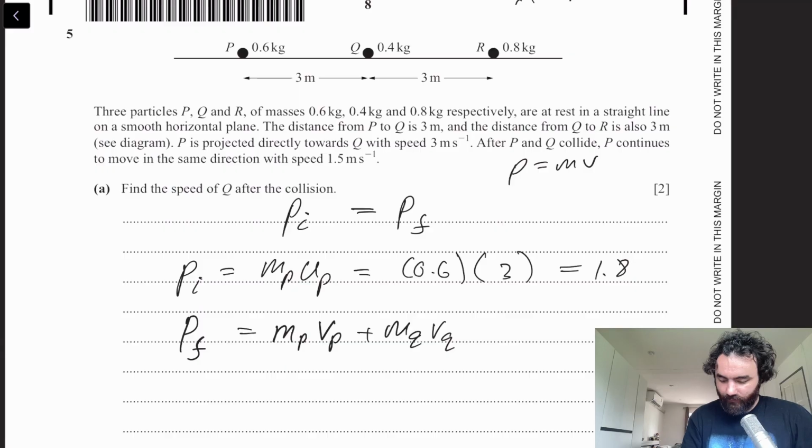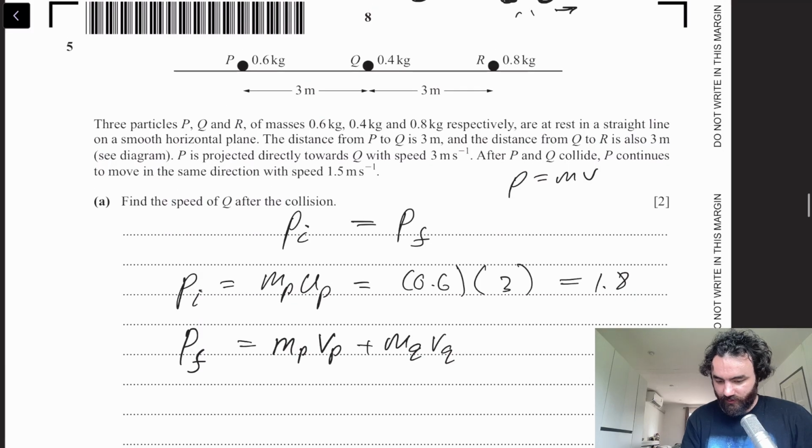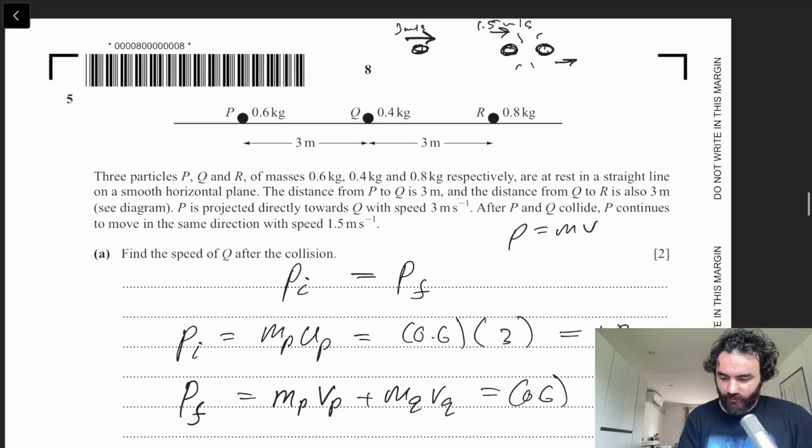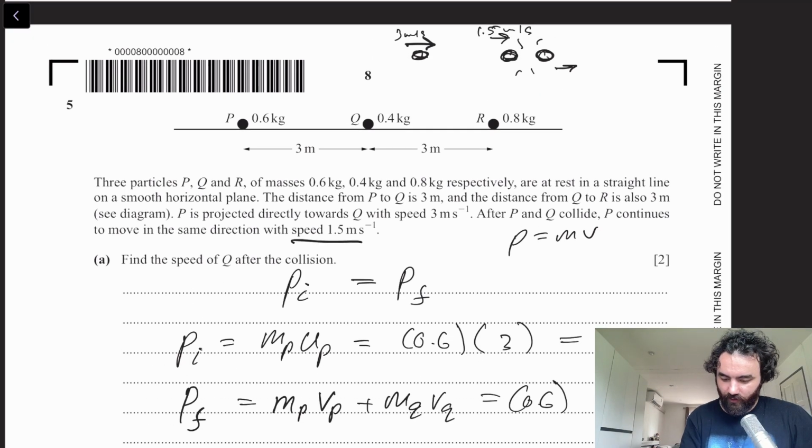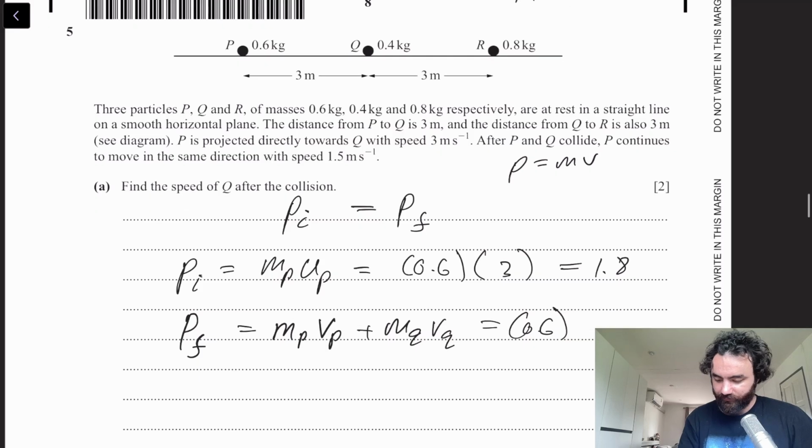Okay, and what is that? Well, the mass of P is 0.6, times the velocity of P, which they said is 1.5 after that collision, plus the mass of Q, 0.8, times VQ, which we're trying to find.